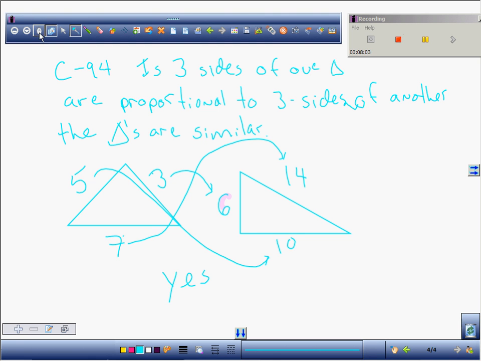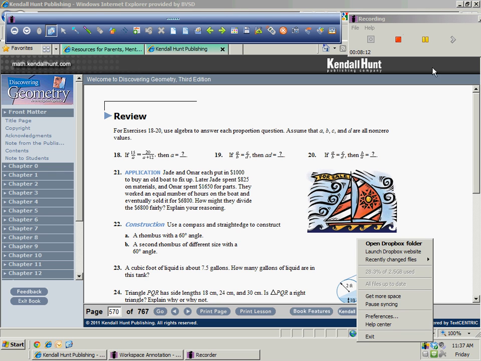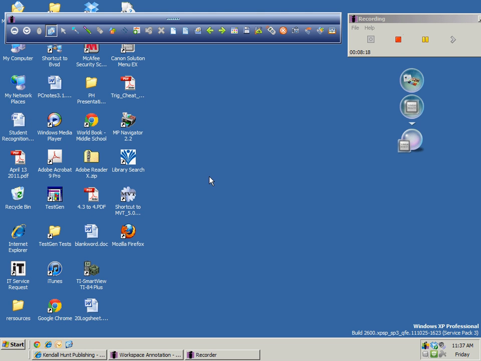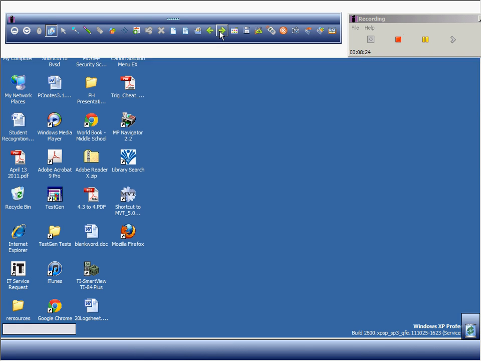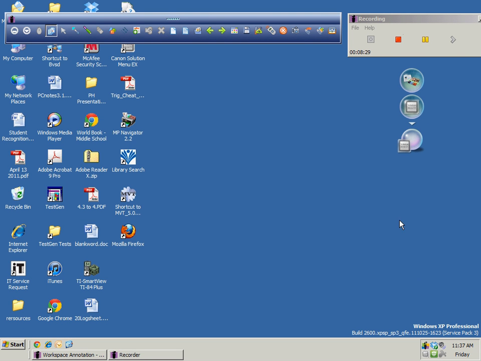And then we also have C94. Let's see if I can find C94 on your conjecture sheet. Can I hide this? What happens if I hide this? What if I go in here? I don't need this anymore. Close all tabs. Uh-oh. It's still there.